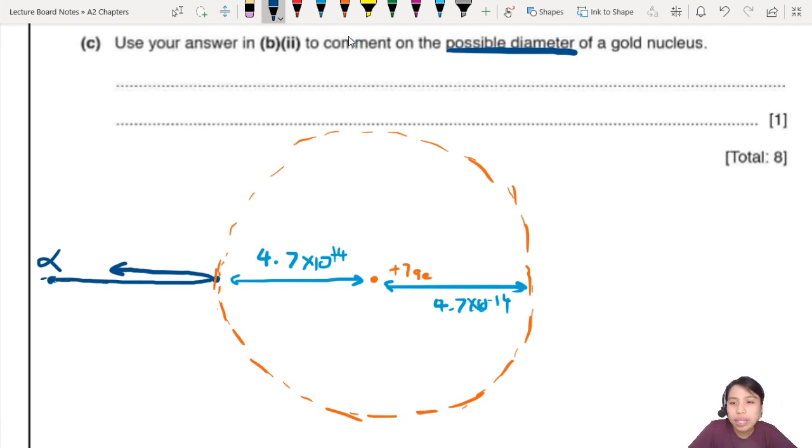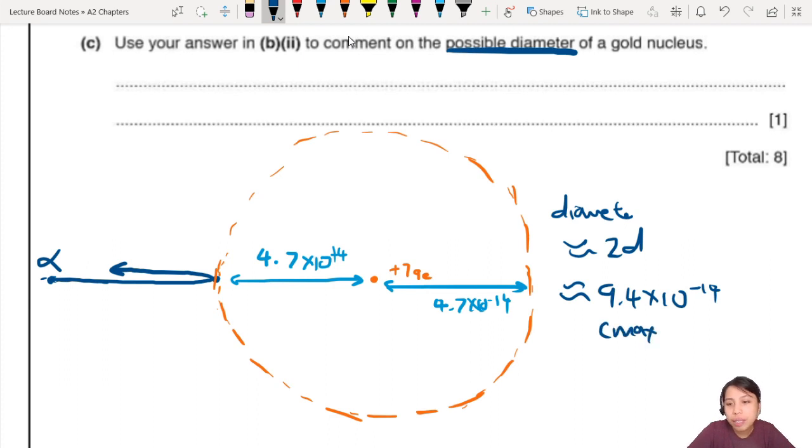So what you can say is the possible diameter is roughly 2 times this distance d, which is roughly 9.4 times 10 negative 14. This is the maximum size it can be to fulfill these conditions where the alpha cannot go closer than that. So your answer can be an estimate. As long as it is smaller than 10 to the power negative 14, you should be fine.